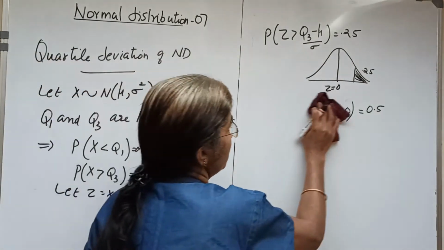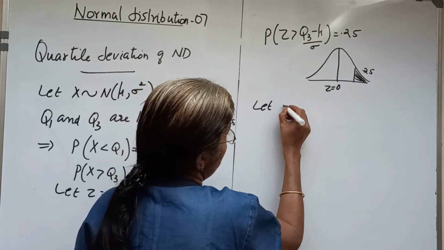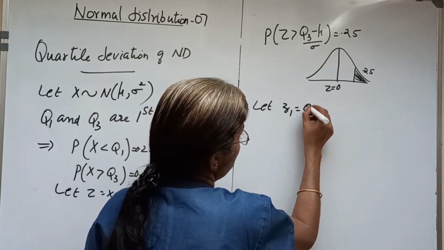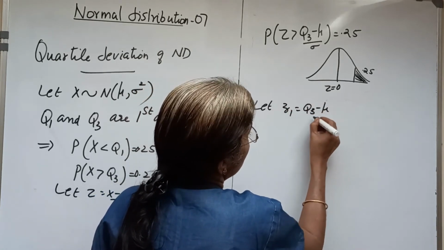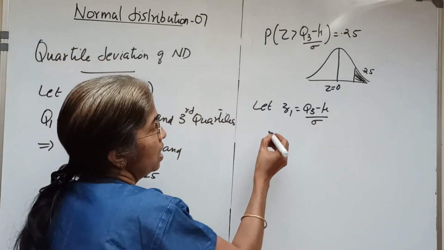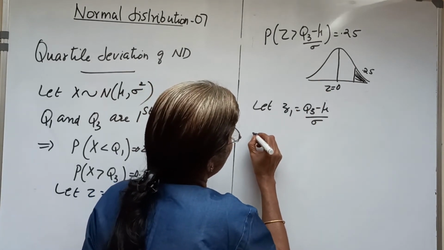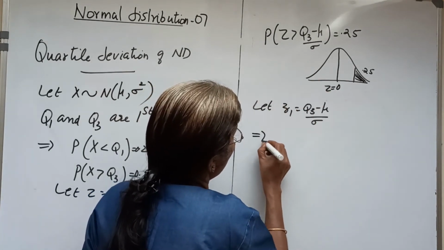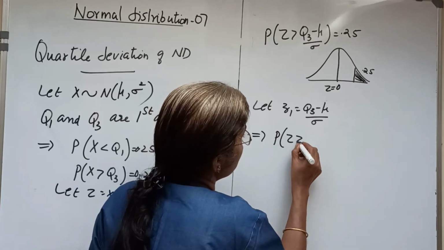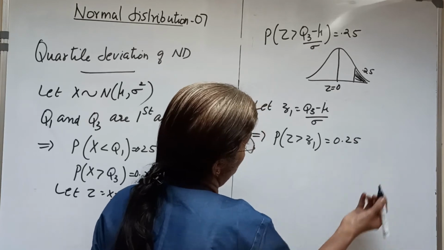That is, let z1 equal Q3 minus mu by sigma. Hence this implies probability z greater than z1 equals 0.25.